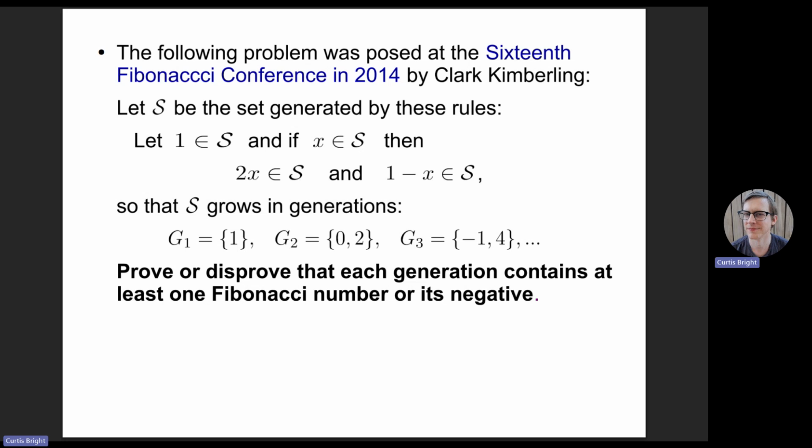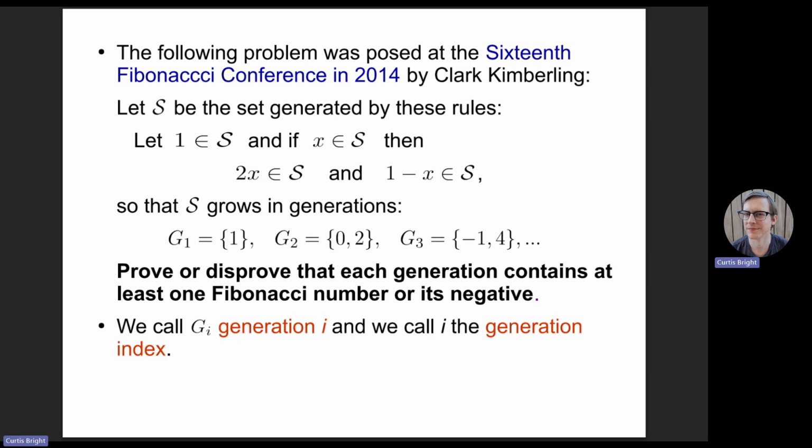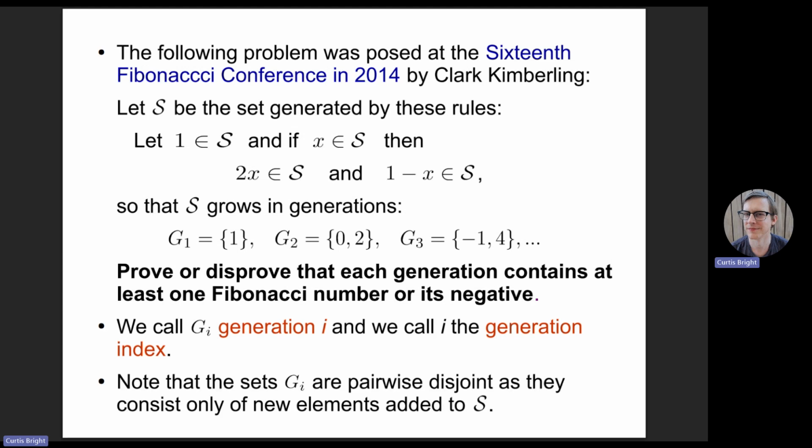So the problem is to prove or disprove that every generation contains at least one Fibonacci number or its negative. We'll call these sets Gi, generation i, where i is the index, and we'll note that these sets Gi are pairwise disjoint, since we're only looking at new elements added to the set S. So S itself is the union of all these sets Gi.